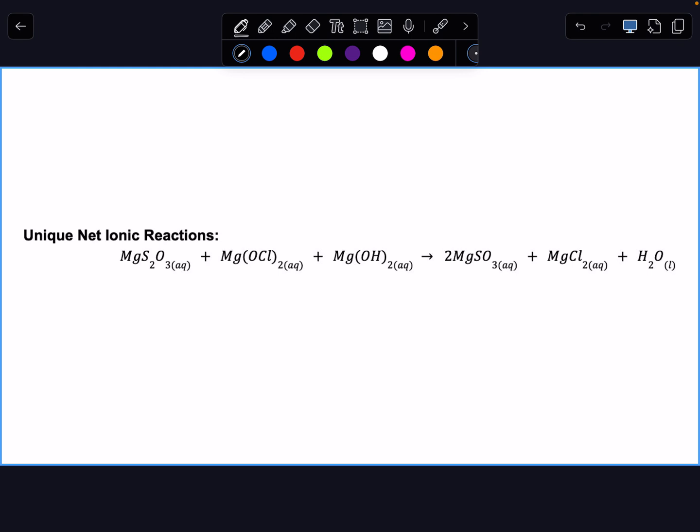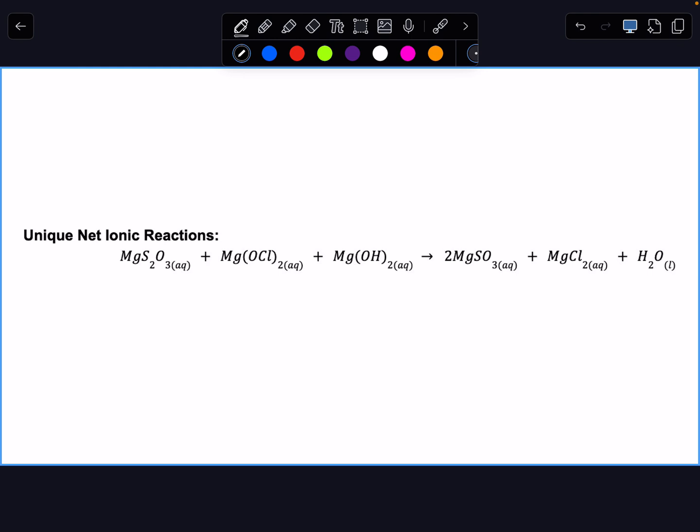So my first thing I'm going to do is write the whole complete reaction. We're going to write everything in its actual form. Go as far to the left as you can because we have to write a lot of stuff here.